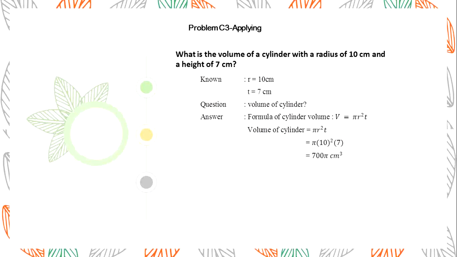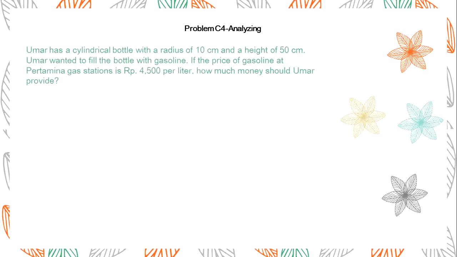Next, problem cognitive 4, analyzing. The example of this cognitive is, Umar has a cylindrical bottle with a radius of 10 cm and a height of 50 cm. Umar wants to fill the bottle with gasoline.